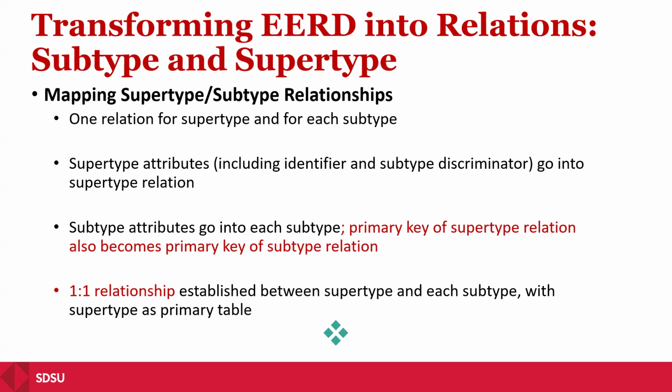Supertype attributes are going to go into the supertype relation, subtype attributes will go into each subtype. Important: we will need to add the primary key of the supertype as a primary key of the subtype. Again, not a foreign key, but a primary key. And also we will establish a one-to-one relationship between supertype and subtype.